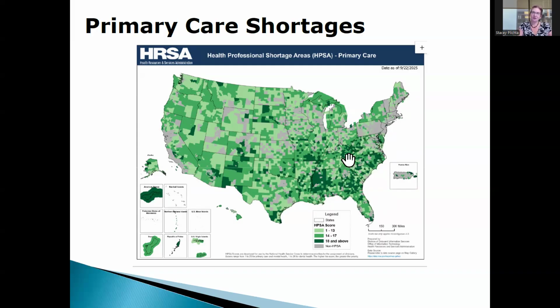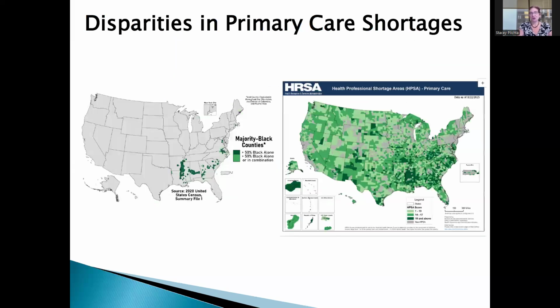They exist along the spine of the Appalachian Mountains. They exist in areas with heavy Hispanic populations and also with heavy Native American populations. And there is a disparity here. So if we look at what is sometimes termed the Black Belt in the United States, and this is the mid to deep South, where there are counties that are majority Black, 50% or more, Black alone, or in combination with folks who are part Black, mixed race by census definition.